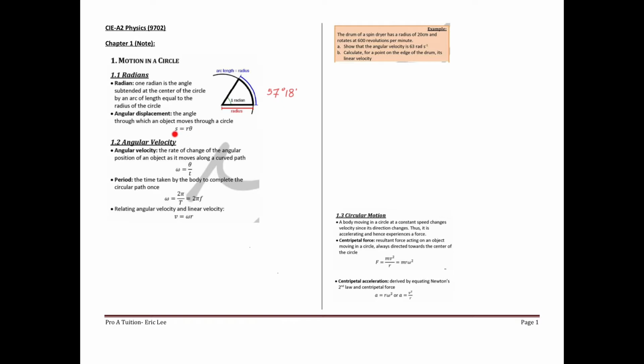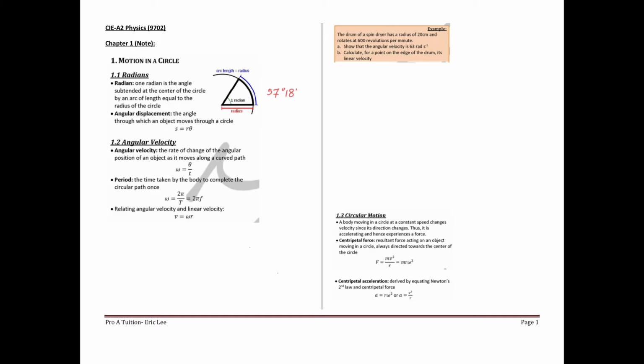I believe that you learned this formula in maths, and we have to know that the S here is the arc length, the R here is the radius, and the theta here is the angle in radian. So what is angular displacement? You can see it mentions that it is the angle. So our angular displacement is actually the theta over here.